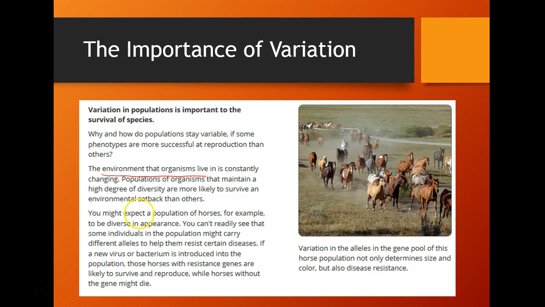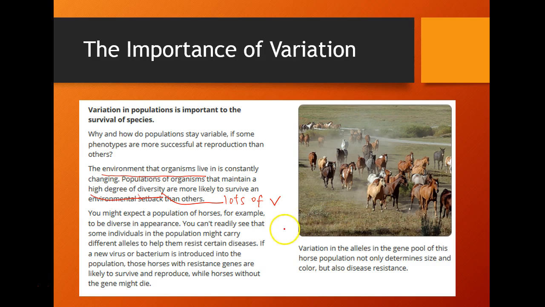It's not always going to be the same, which means that at any given time, a certain allele that maybe wasn't that profitable might end up being the most valuable allele based on the changes in the environment. And so what that means is that a high degree of diversity, which means lots of variation, makes a population more likely to survive if the environment changes.